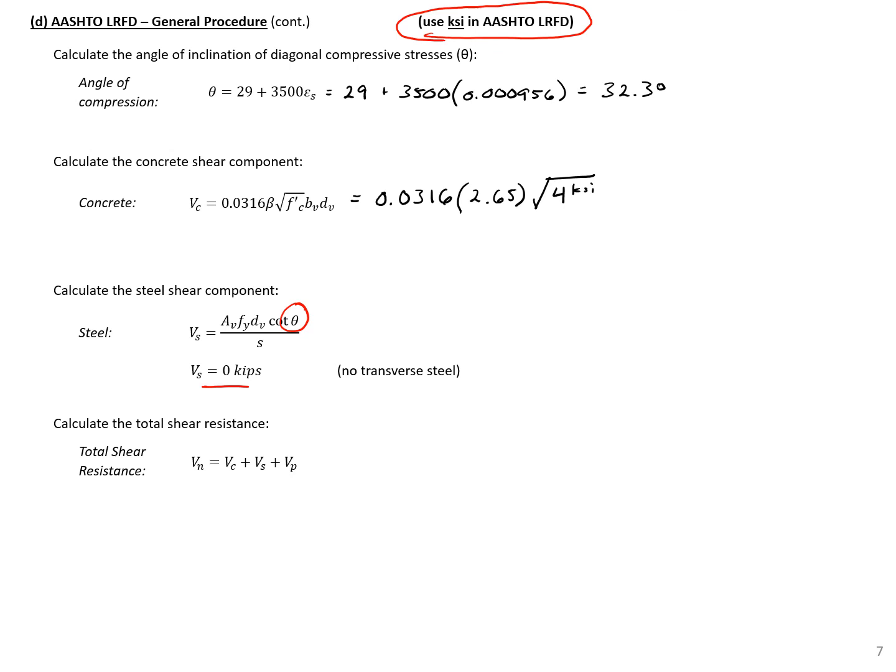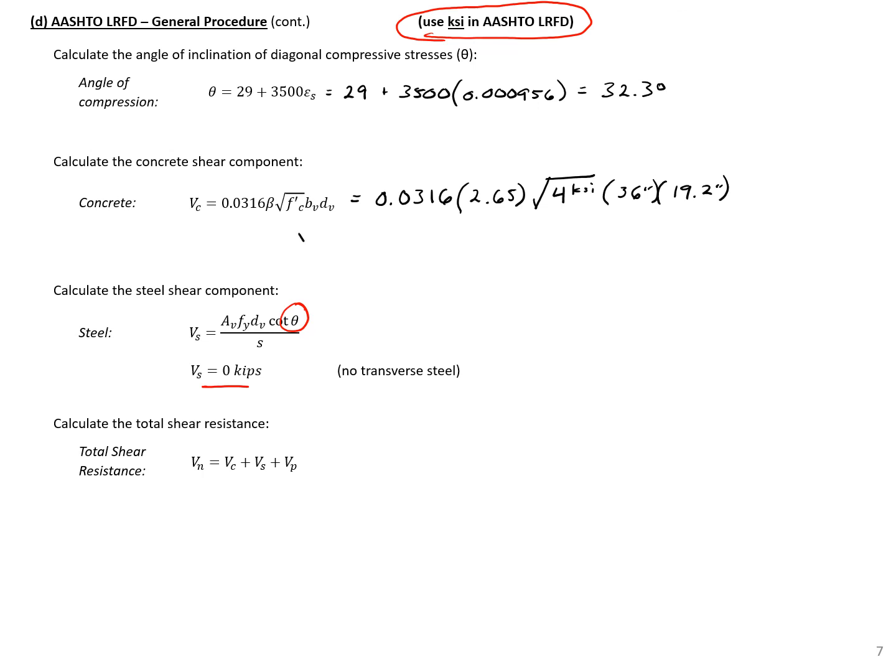So just make sure that when you're using AASHTO under the square root, we use KSI, whereas in ACI, we're using PSI. So just note that difference because that'll give you much different answers. So then times our 36 inches, and then times 19.2 inches, our shear depth.